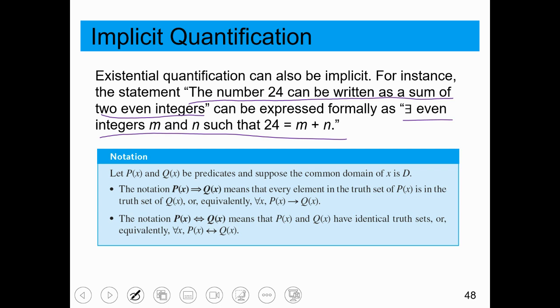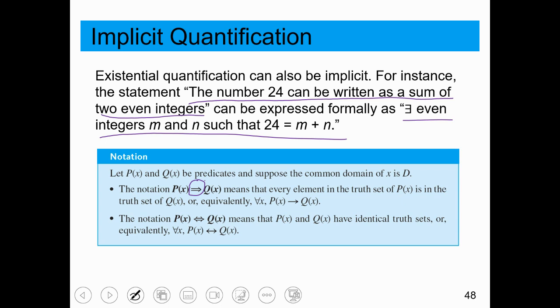Okay, we have some notation. P of x and Q of x are predicates, and the common domain of x is D. The notation P of x and then this double arrow means that every element in the truth set of P of x is in the truth set of Q of x. Or equivalently, for every x, P of x implies Q of x.